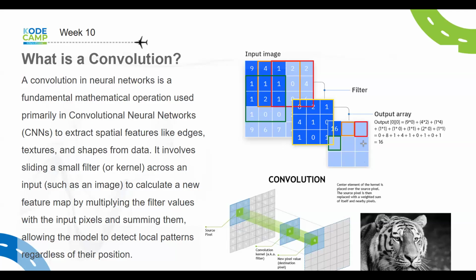When you now stack all those kernels together into a three-dimensional cube or cuboid, that is what we call a filter. And the output will also be correspondingly, it will have the same depth as the filter. And in most cases, the size of the output is not determined by the kernel only, but it's determined by the input image, the size of the kernel, the stride, and the padding.